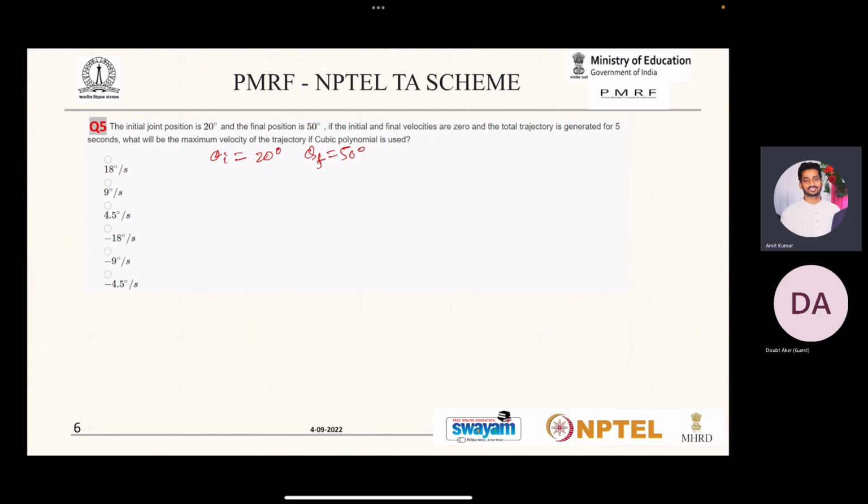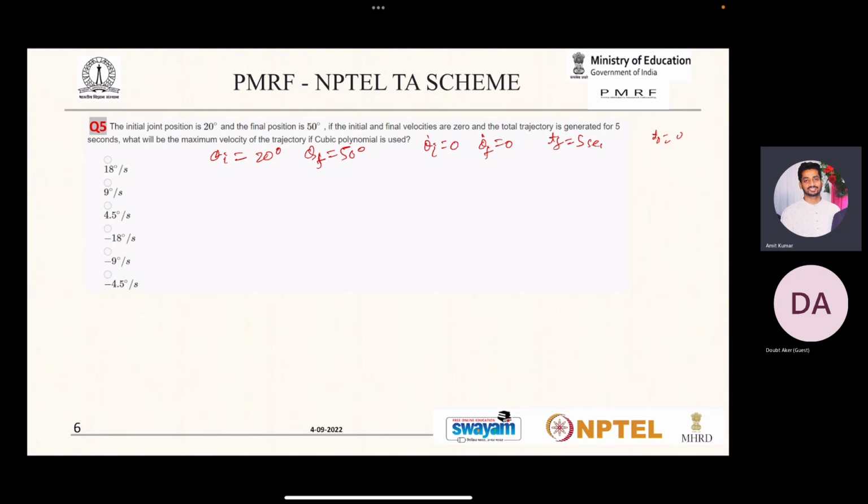And if the initial and final velocity is 0, that means theta dot i equals 0 and theta dot f equals 0, right? And tf is 5 seconds, so that means t0 is 0. You can assume that we are starting at t equals 0.